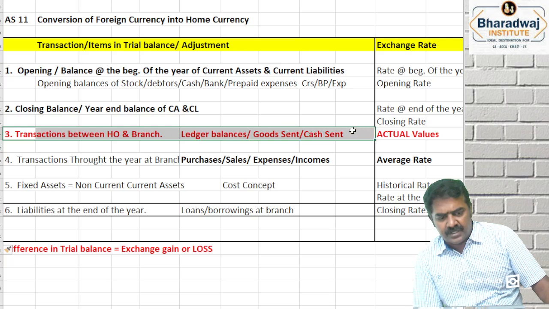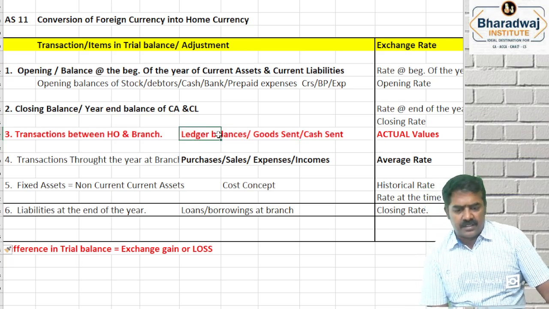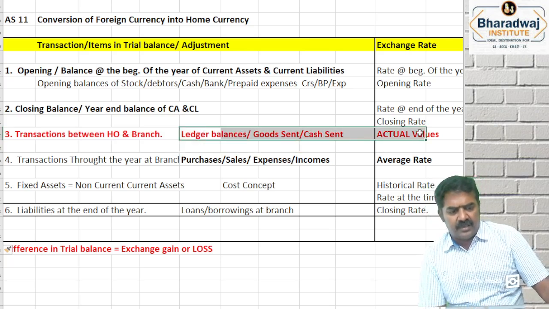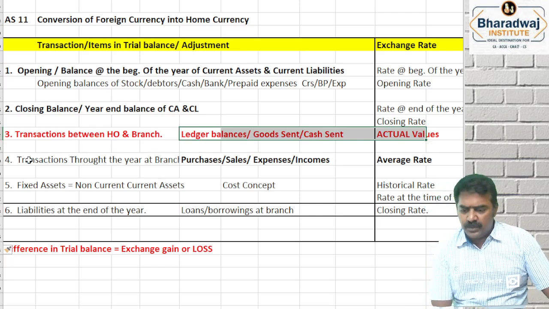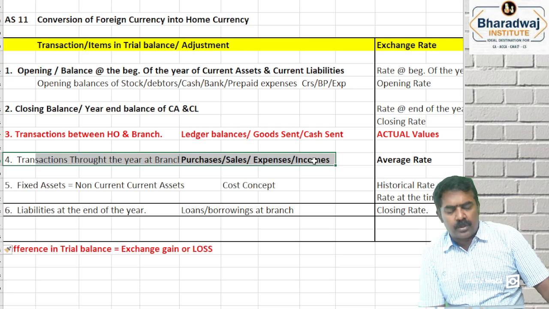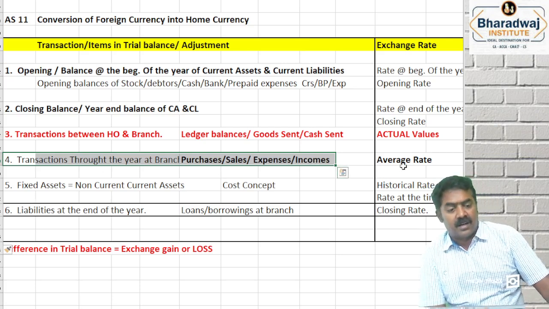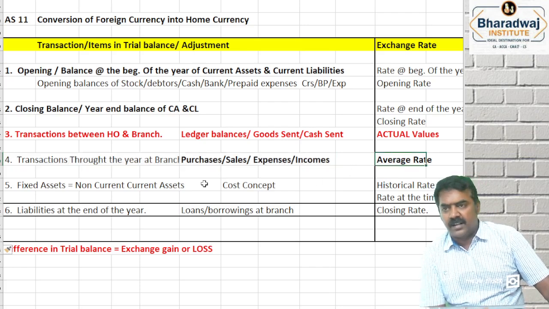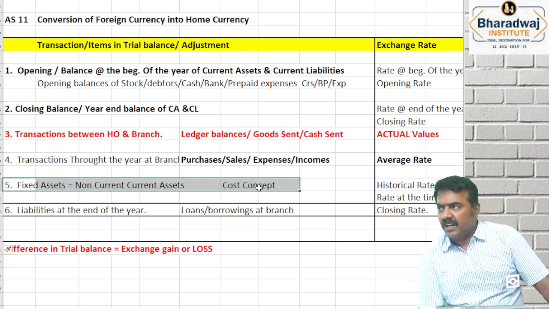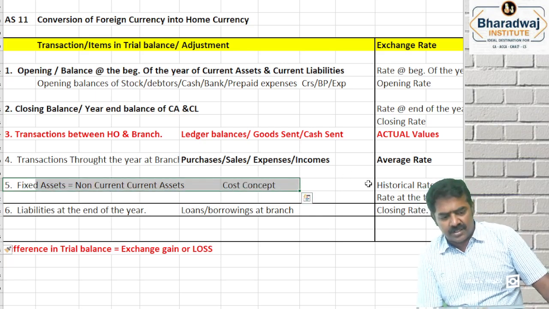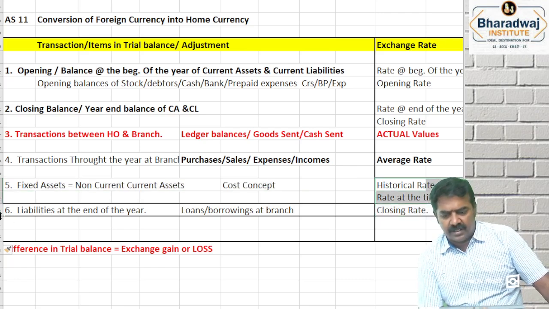Transactions between head office and branch, like ledger balances, goods sent, cash sent, we take actual values. Transactions happening throughout the year at the branch, expenses and incomes on accrual basis, we take the average rate. All non-current assets, we apply the historical cost concept, so the historical rate.